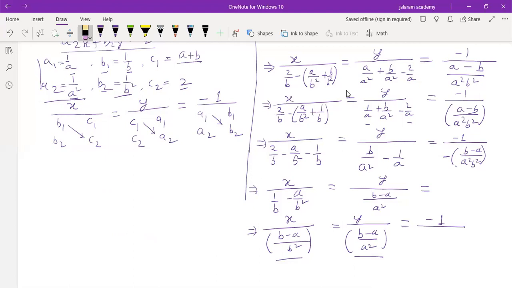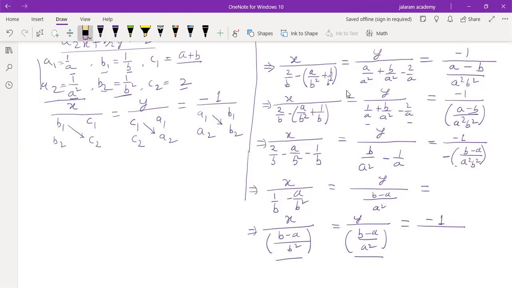So when we take minus common, either we take it common from the numerator or from the denominator, only one. So we have taken it common from the numerator of the denominator, a minus b upon a square b square. When we take minus common, a minus b changes to minus a plus b, or we write positive first, b minus a. Understood?